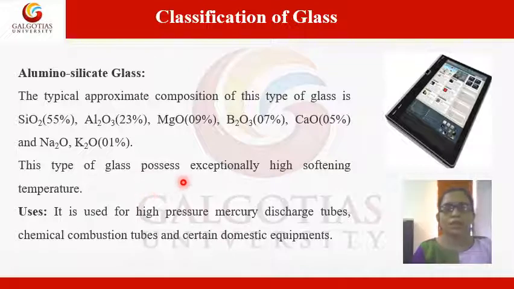This type of glass possesses an exceptionally high softening temperature. What are the uses of this glass? This glass is used for high pressure mercury discharge tubes, chemical combustion tubes and certain domestic equipment. Tablets and mobile phone covers are also made up of this aluminosilicate glass.